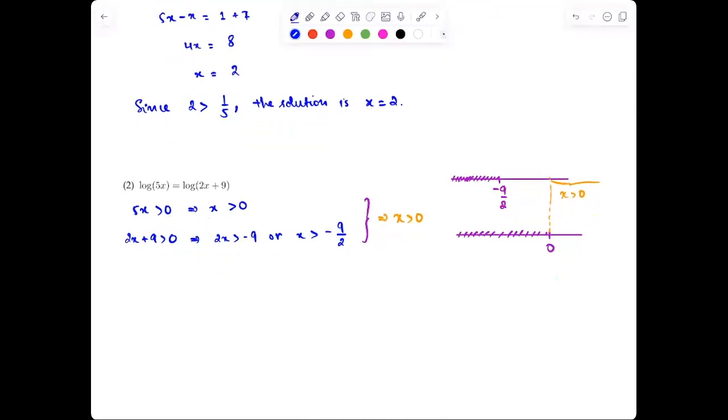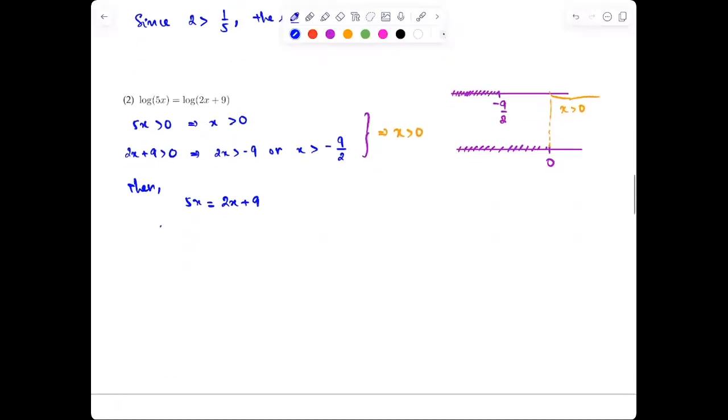So after finding the domain, you're going to set 5x equal to 2x plus 9 because the two logs are of the same base. So then you get 5x equal to 2x plus 9, or 5x minus 2x equal to 9, or 3x equal to 9, or x equal to 3.